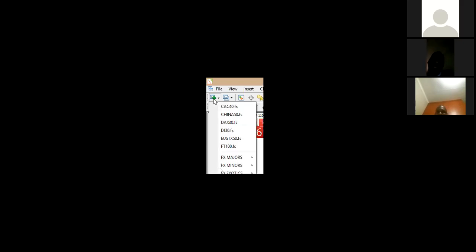Let's face off. Yes. I don't know, maybe it's only me, but I can no longer see the graph. I only see the top corner where it says USD JPY, sell, buy, but I don't see the whole screen. Okay, let me just check. You can't see the whole screen?